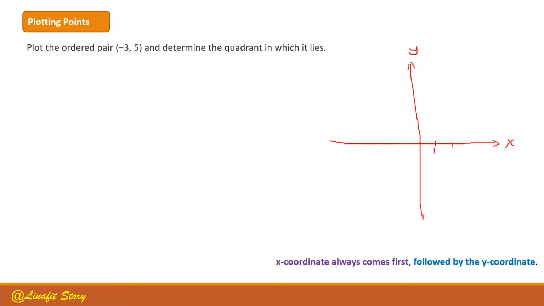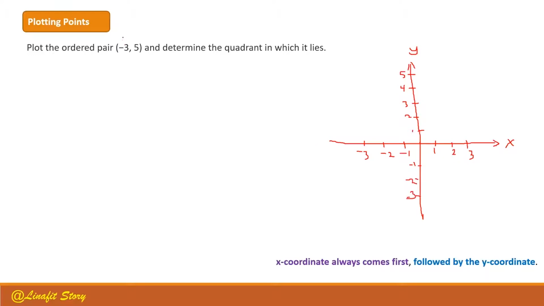This is positive 1, 2, 3 for the x-axis. On the left side, this is -1, -2, -3. And then going up for the y, this is +1, +2, +3, +4, +5. Going down, this is -1, -2, -3.